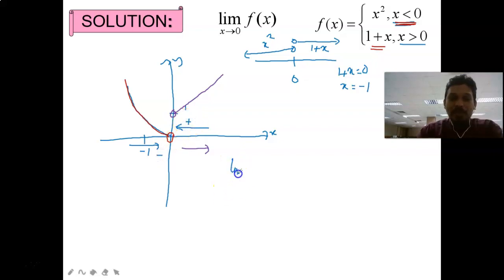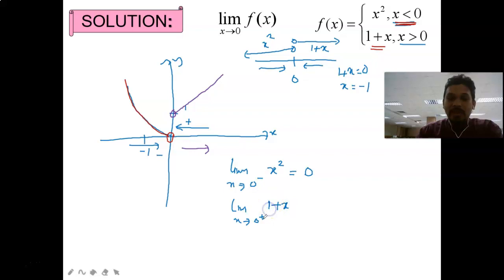Now, the limit as x approaches 0 from the left is the function x squared, so 0 squared equals 0. And the limit as x approaches 0 from the right is for the function 1 plus x.